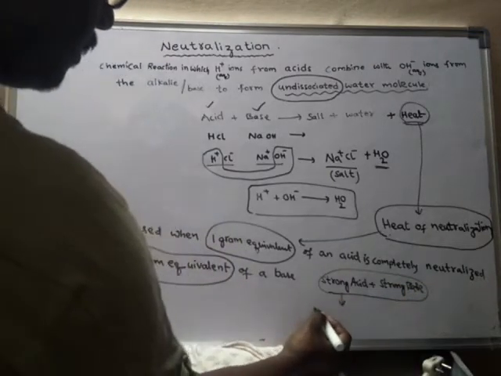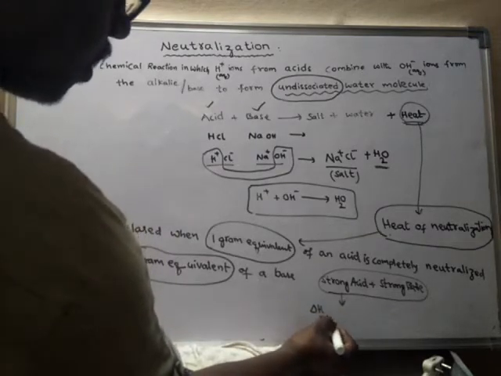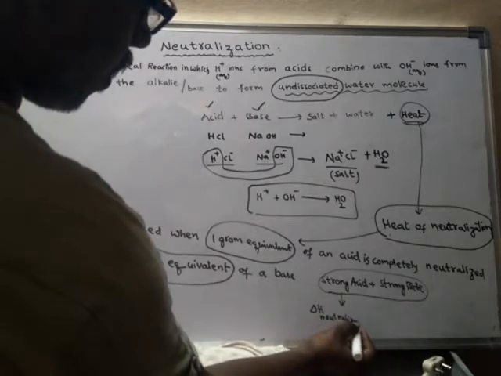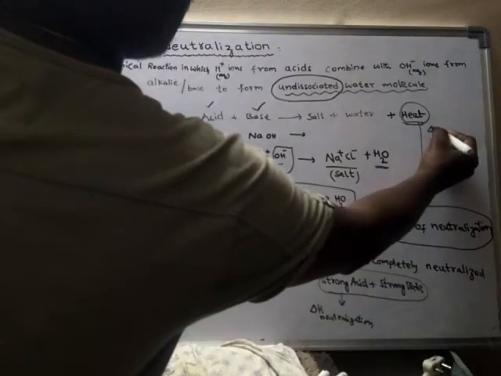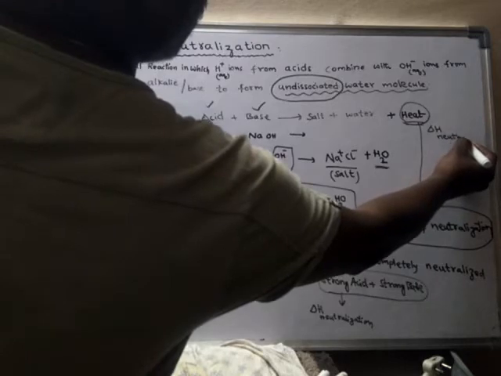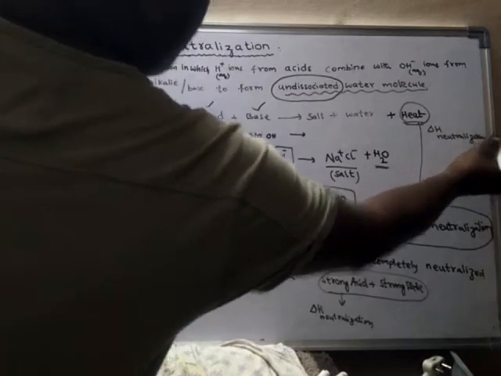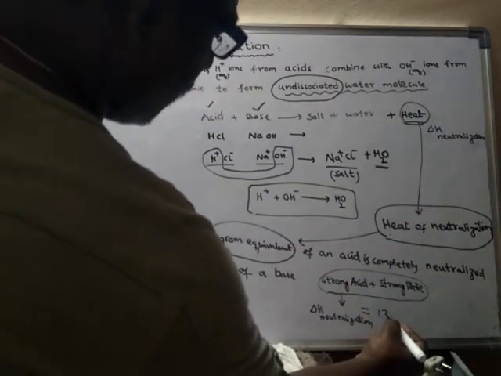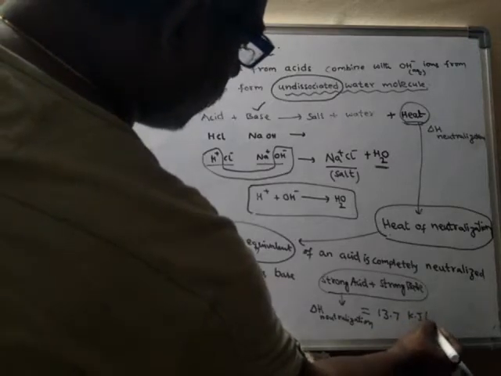will be delta H neutralization. I am writing delta H neutralization. So the delta H neutralization value will be 13.7 kilojoules per mole.